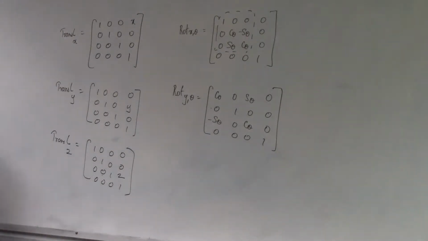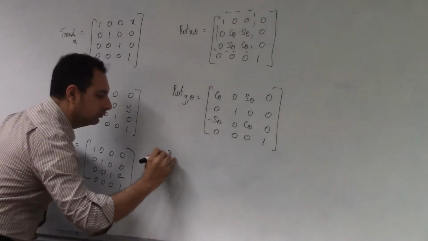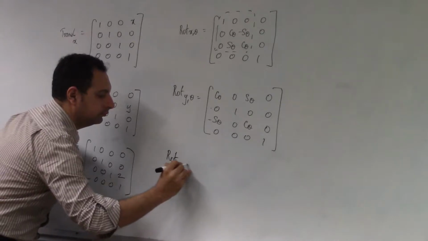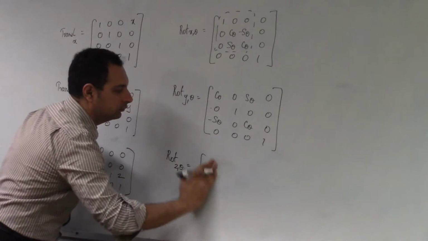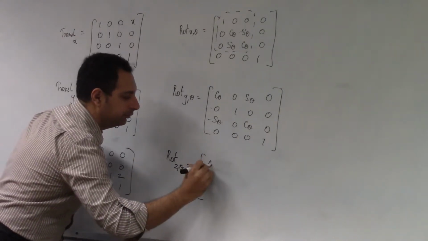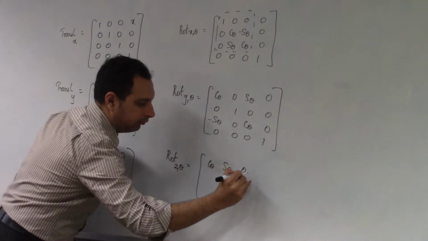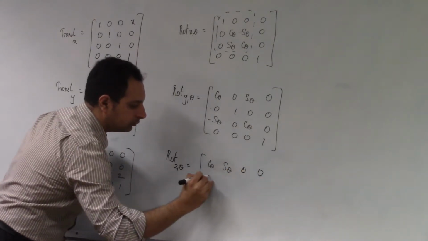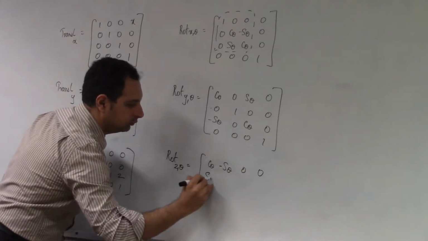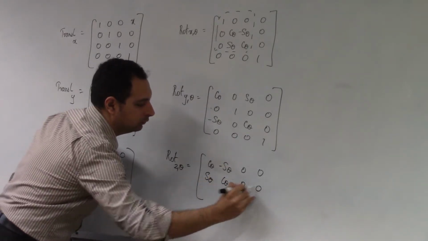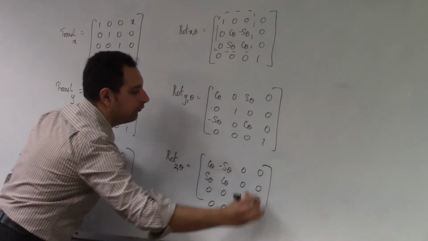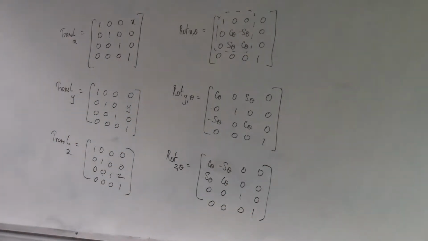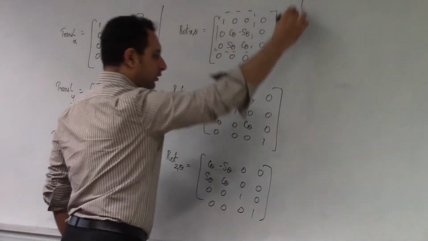Right? And finally rotate z. So basically this is a nested 3 by 3 matrix, but I'm just writing this to explain the point here.